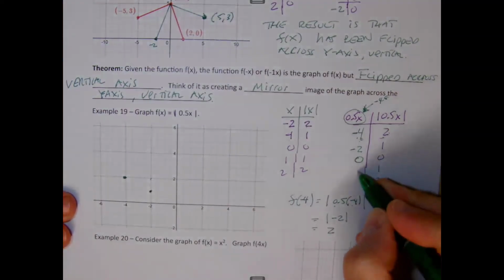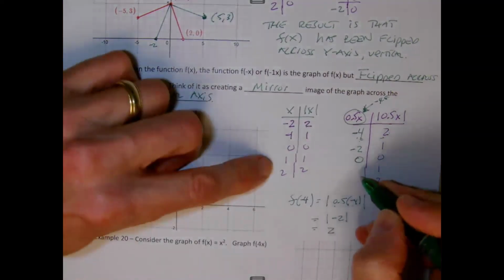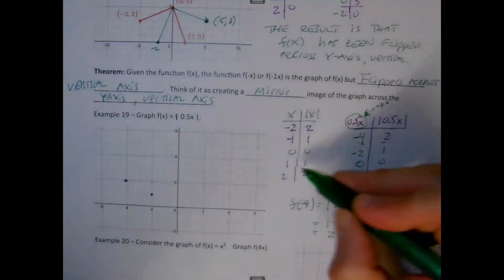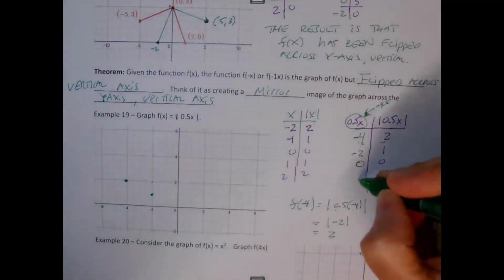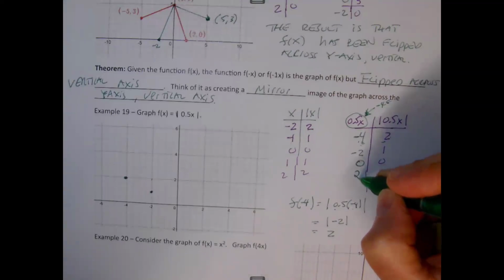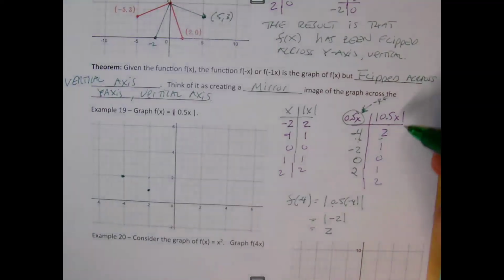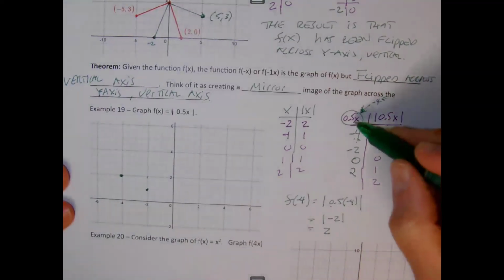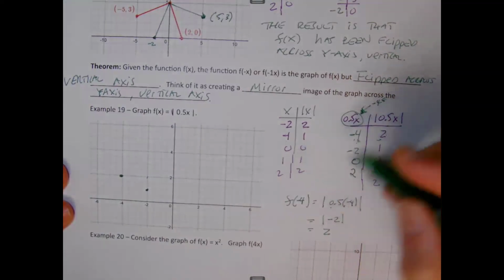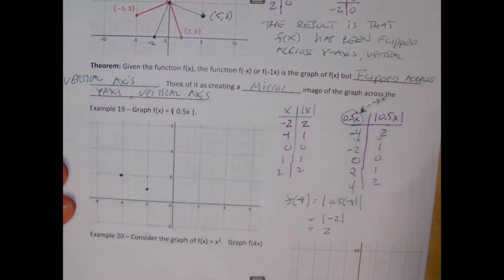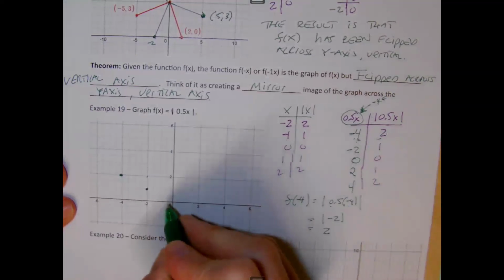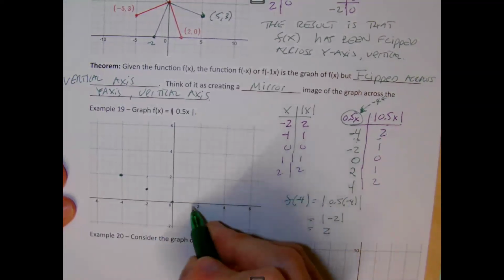But then, of course, this is completely symmetric. So what happens here? If I enter a +2, then all of a sudden I get half of 2 is a 1, 1 is 1, and again, 4 over here. So if I were to graph the rest of these points, what I get is this.